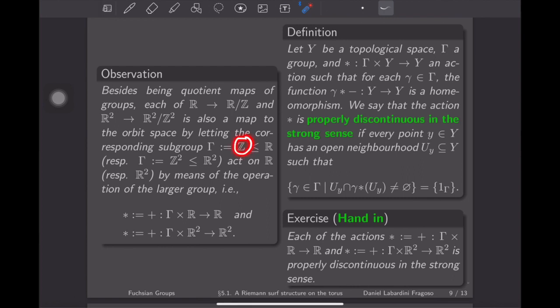So Z acts on R by integral translations, and Z square acts on R2 again by the operation of R2, which is again plus, the sum of two vectors, which is translation. So Z square acts on R2 by integral translations too.